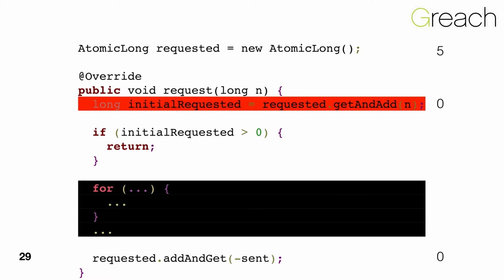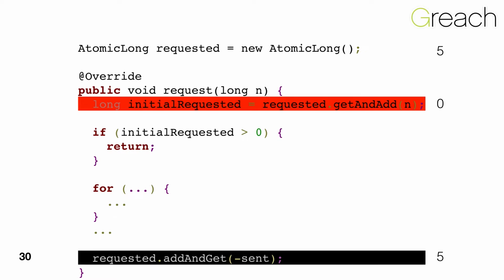And what can happen? At the same time, we can get a request from the red thread, or thread B. In that case, it can work fine until the moment when the black thread finishes its execution. So we can get a situation where one thread has just entered the request method and another tries to exit it. In the happy case, the black thread will decrement the sent amount of elements, so the requested number will be 0.